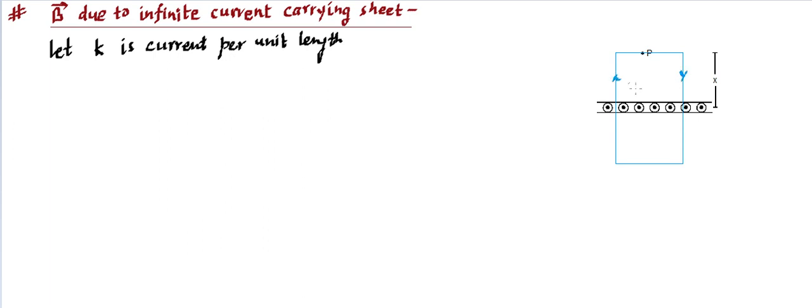So that's a closed loop, or Amperian loop, AL. Now if it is x upside and x downside, then this point P and the point here are going to be symmetrical. That means all the points at a distance x will have the same field.